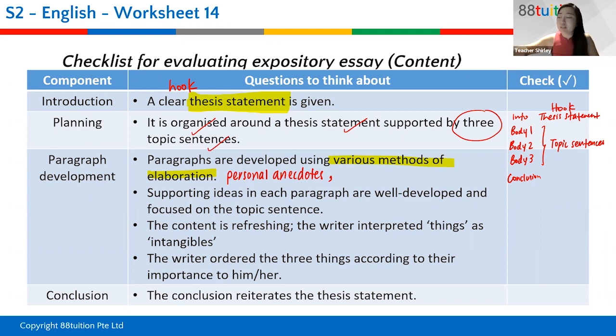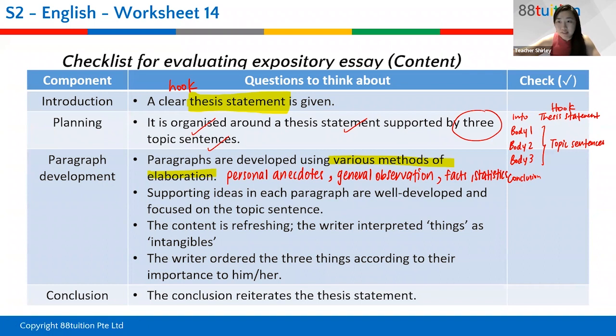So what are some other ways you can use for elaboration for body paragraphs? You can actually use a general observation. Like what do you usually observe? What's the current trend now? Of course, it'll be good if you can use facts or statistics to elaborate, right?